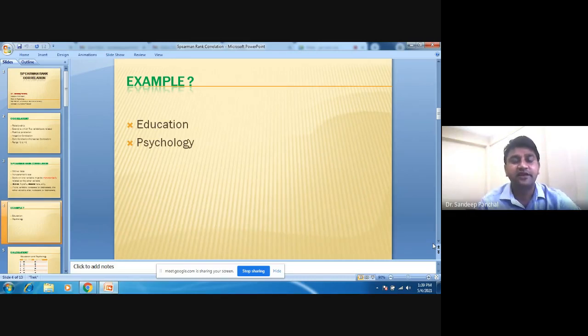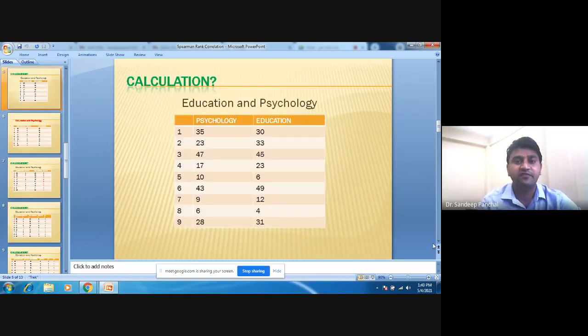Let's have an example to understand the Spearman rank correlation. Suppose we want to correlate the education scores and psychology course scores of the students. We have the ranks of psychology students and the ranks of education students.